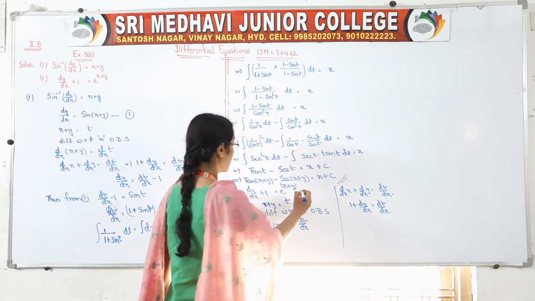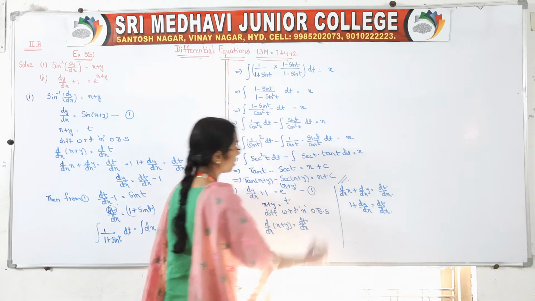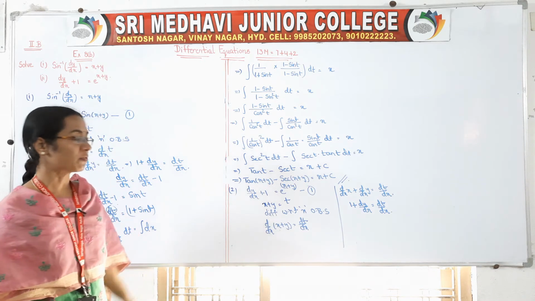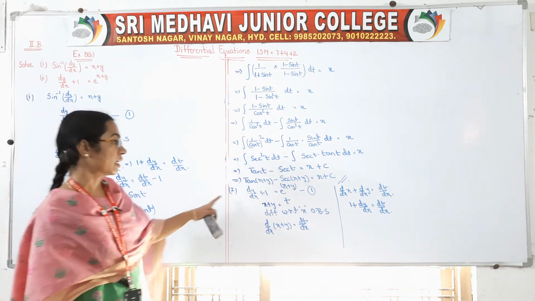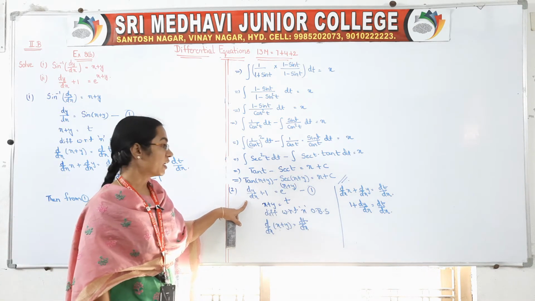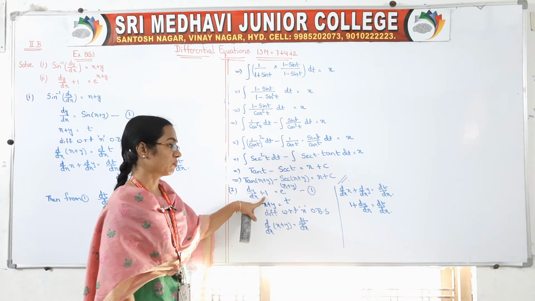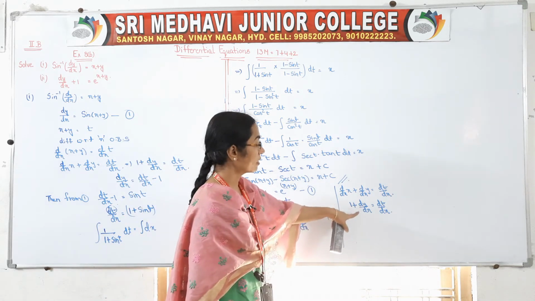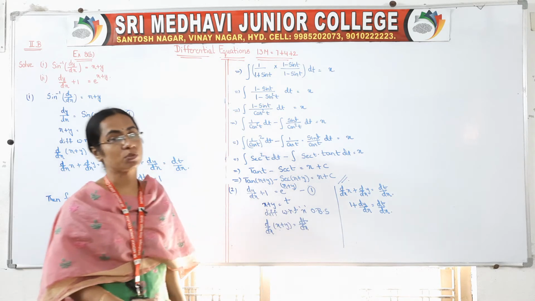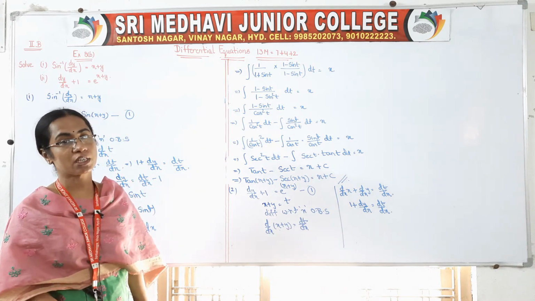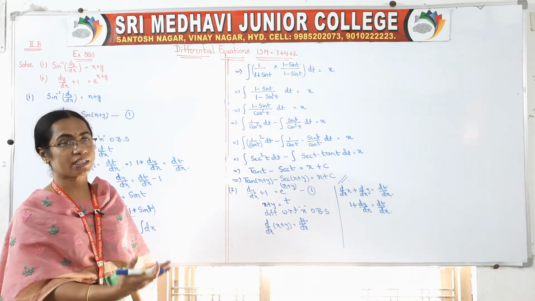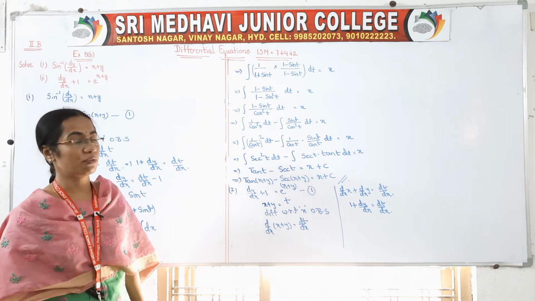So you consider this as your first equation. Given equation is the first equation. Then what happens to your given equation? dy by dx plus 1. Here also we are having 1 plus dy by dx. Both are same, like 2 plus 3 and 3 plus 2. We can change the place, it makes no difference.